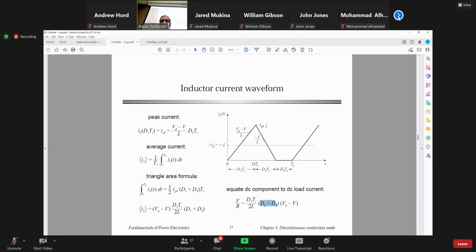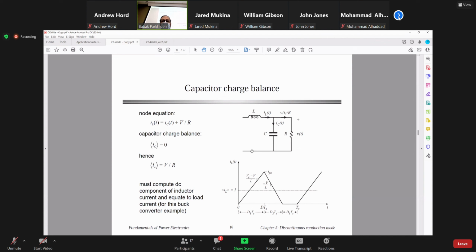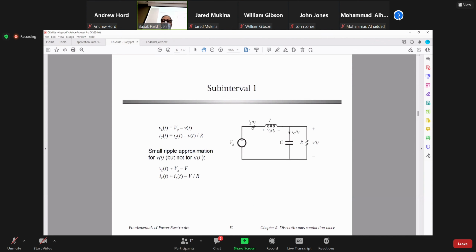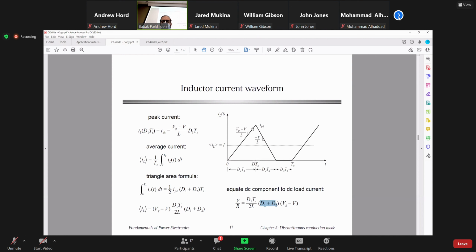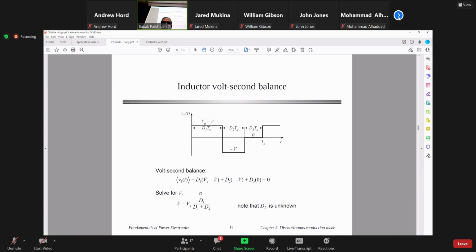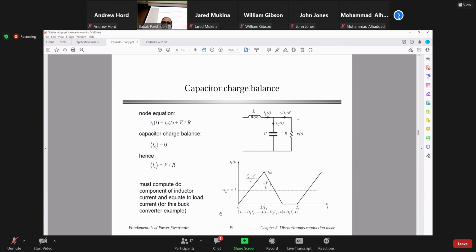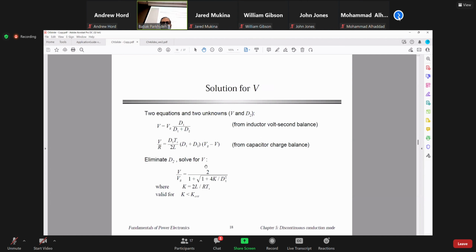So I peak is L di dt. The voltage is Vg minus V divided by L in the first subinterval here, so that's the slope. That's your I peak, and you just substitute it here. So you have one equation here, another equation there. You substitute and simplify and you get to this equation.